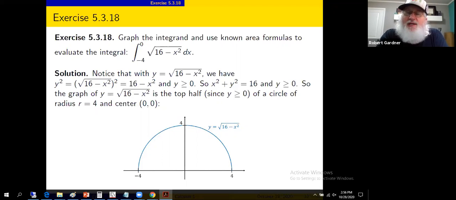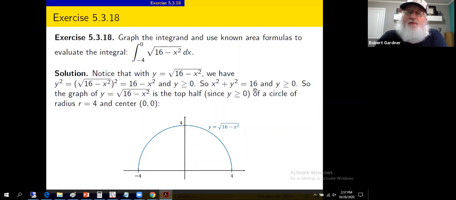When you solve equations and you square both sides, you worry about extraneous roots. That's called that in pre-calculus. So we've got a similar concern here. Notice y greater than or equal to 0 is part of the story, as well as the relationship y squared equals 16 minus x squared. If we rearrange that, we get x squared plus y squared equals 16, and y is greater than or equal to 0. That I recognize.